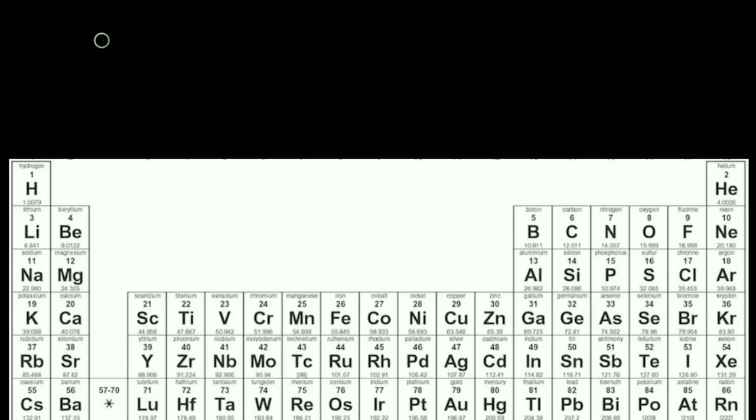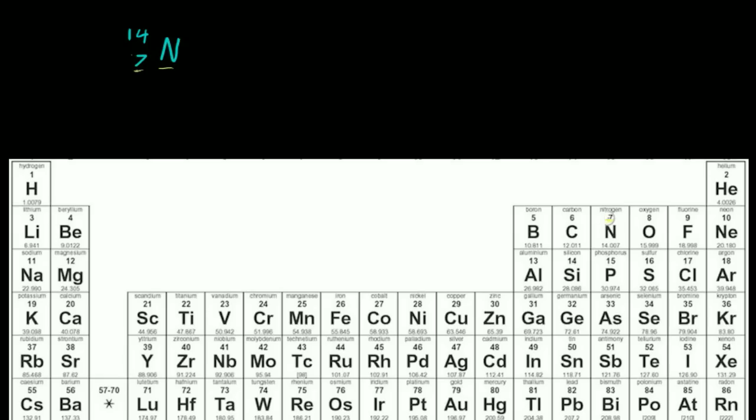So let's say, to start off with, I gave you an isotope of nitrogen, and this isotope was going to be 14,7N. We know that this is nitrogen, partially because we have the symbol for nitrogen, but also because this number on the bottom is the atomic number.